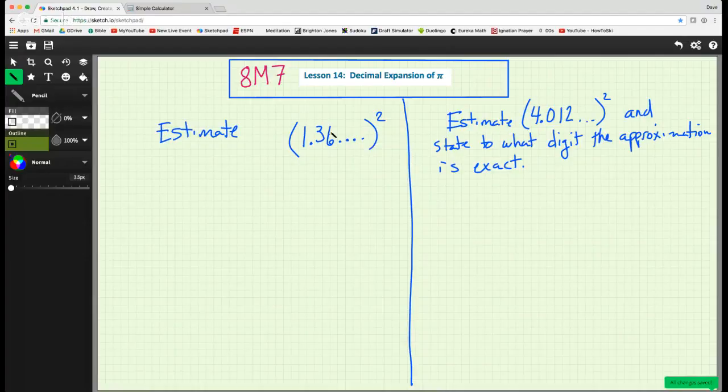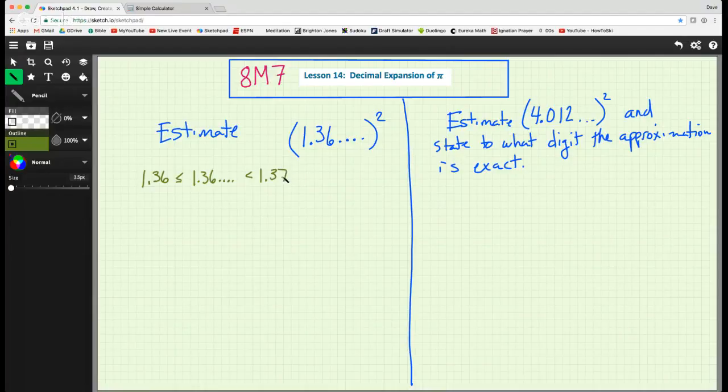Well, one thing we know about this number, what is the lowest bound for this number? The lowest bound is 1.36, and that's going to be less than or equal to 1.36 dot, dot, dot. And what number is guaranteed to be just bigger than this number? Well, that is 1.37.